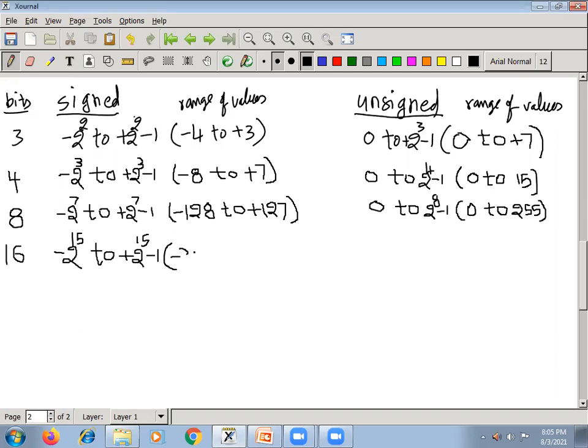You should remember this value. Minus 32,768 to what on the positive side? Minus 1, one less here. So it is nothing but plus 32,767.